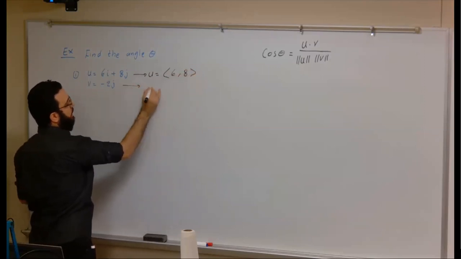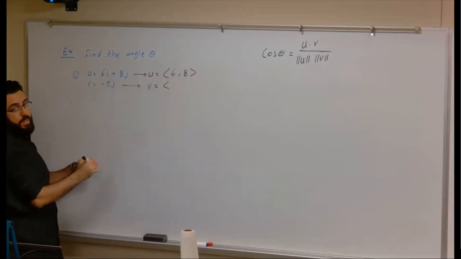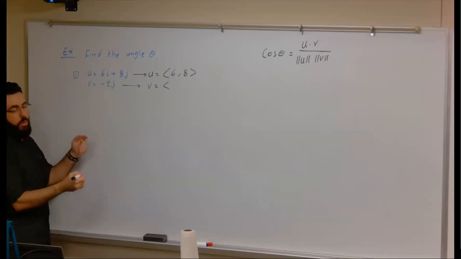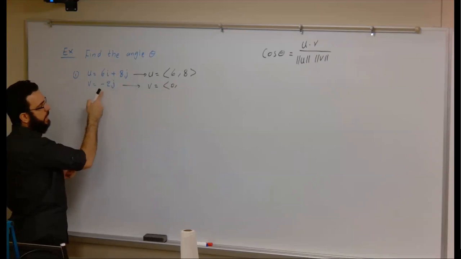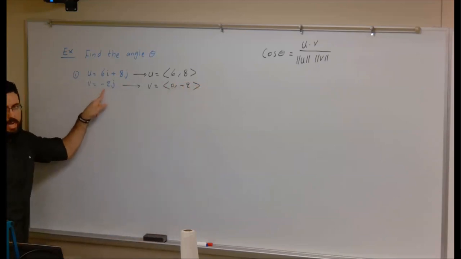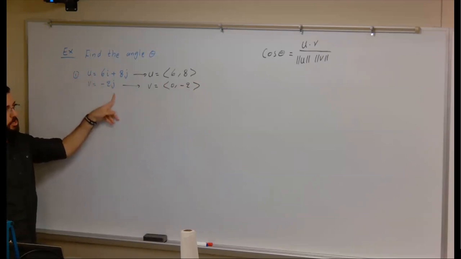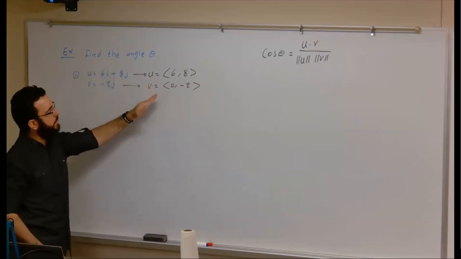And the vector V is going to be. Do you see the I component? 0. That means there's no I component, it's 0. I see the J component, that means -2. So be careful. You can't see the I, that means the I is 0. The first component is 0. You can't see the J, that means the second component is 0. So now I have U and V.